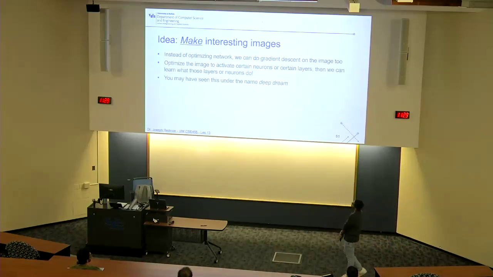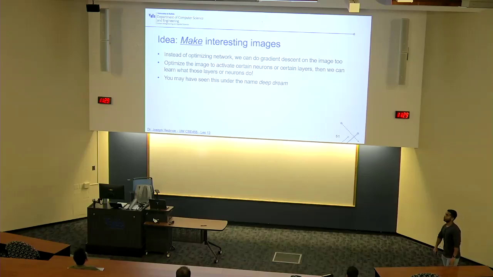So back to what we were talking about, understanding what the model does. We can invert the problem and do gradient descent on the image and optimize the image to activate certain neurons or certain layers.